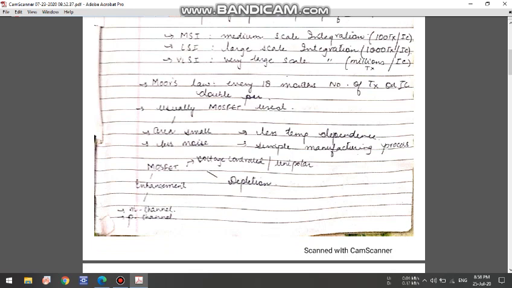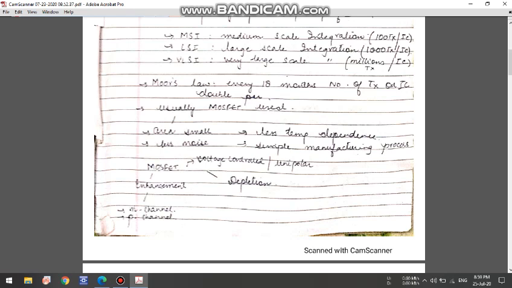Now there are a few advantages of MOSFETs that make them the device of choice. The first one is that they have a relatively small area. There is less noise because it is a unipolar device. There are only majority carriers, there are no minority carriers in this device, and as such the noise reduces. Then they show less dependence on temperature.